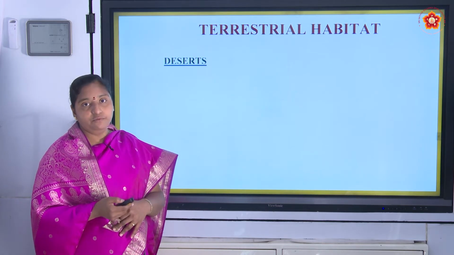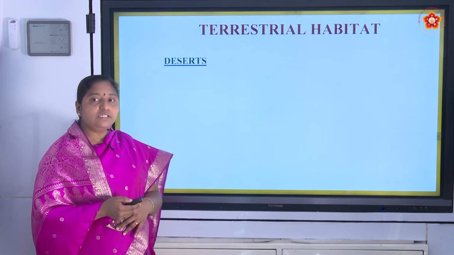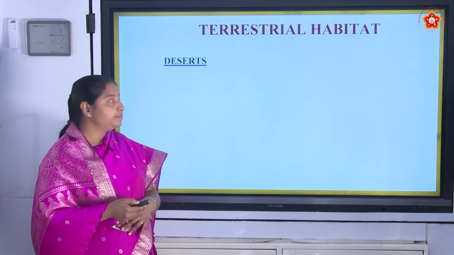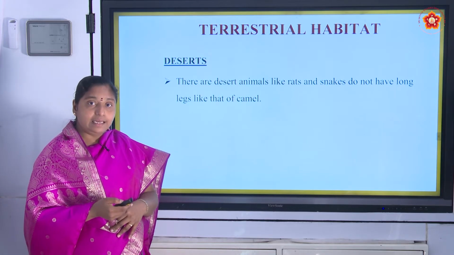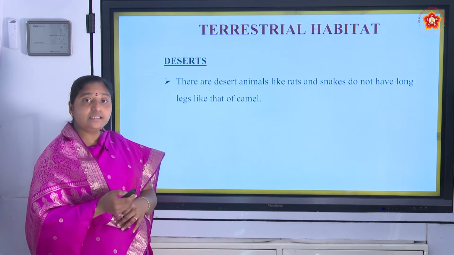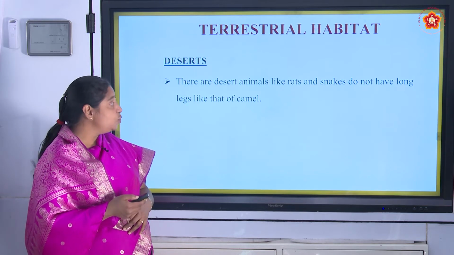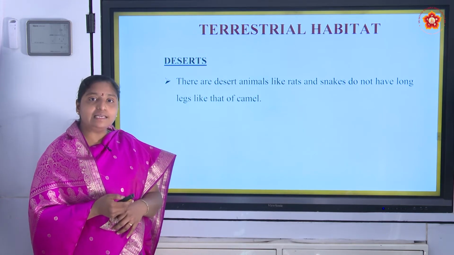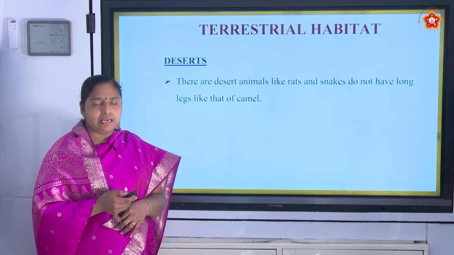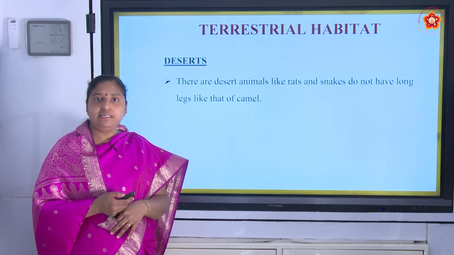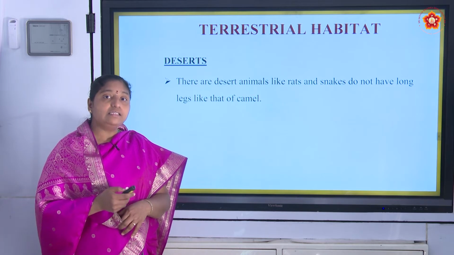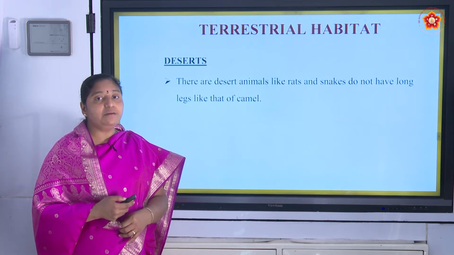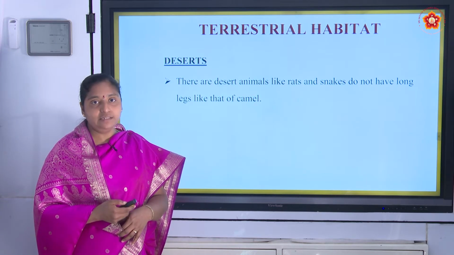Now we will see one after the other. First is deserts. Desert animals like rats and snakes do not have long legs like the camel. In the previous class we studied that camels have long legs, and this adaptation helps in protection from the heat of the sand.